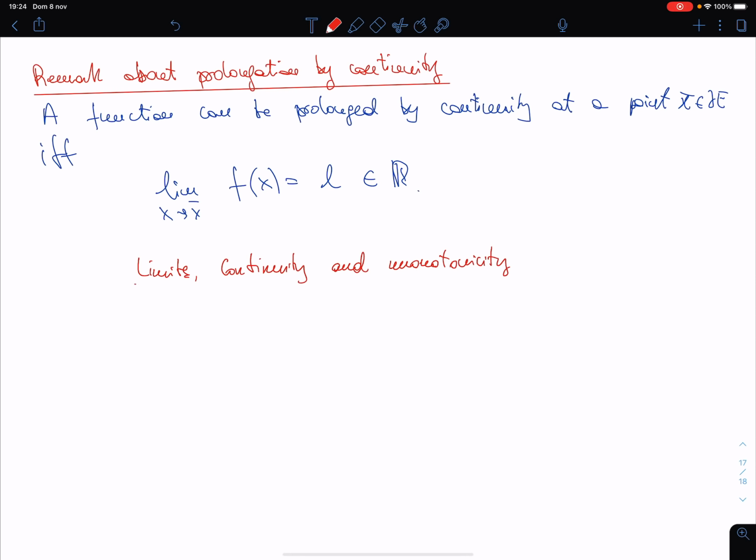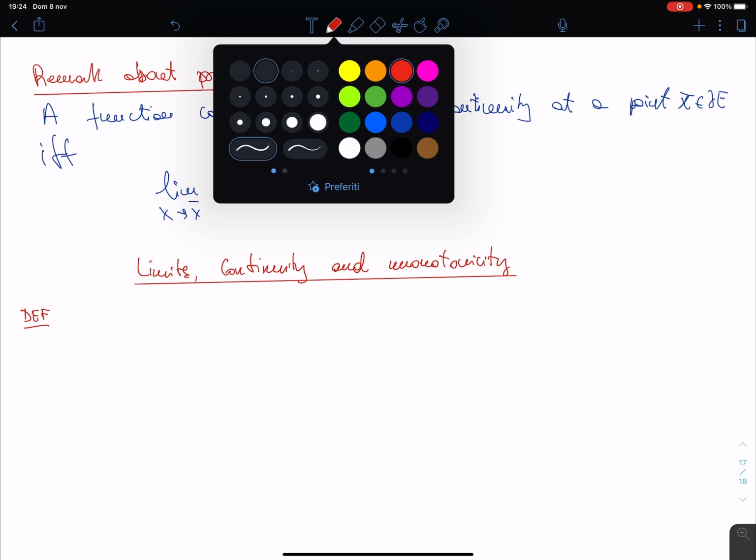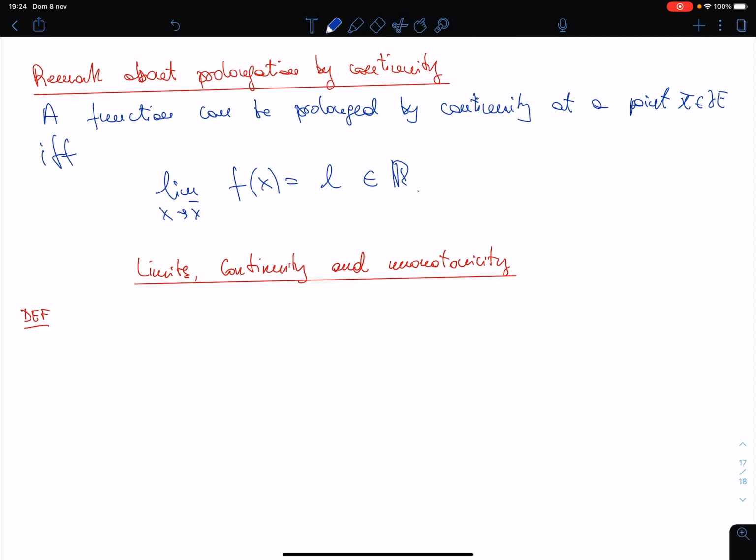So we know what is a monotone sequence, we don't know what is a monotone function. So let me first define a monotonic function. We start as usual by introducing a subset E of the real line. This subset has to be non-empty, and it is the domain of the function f.